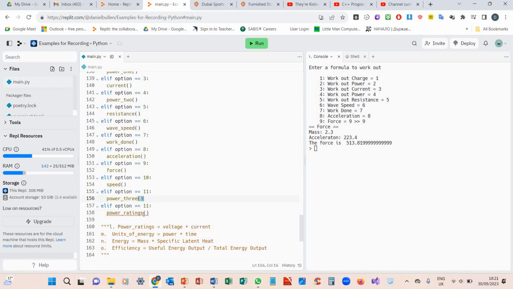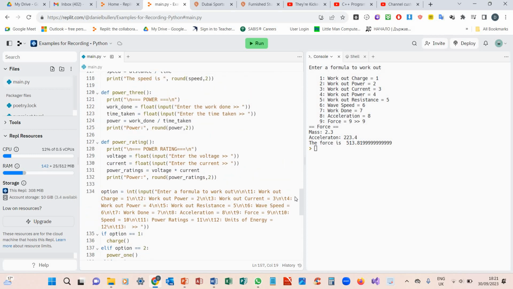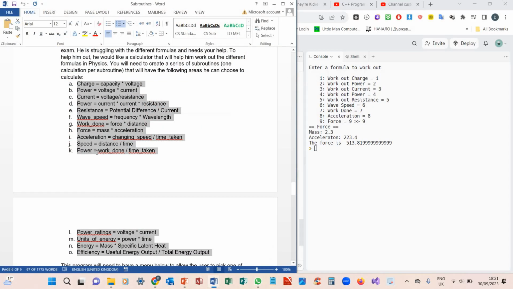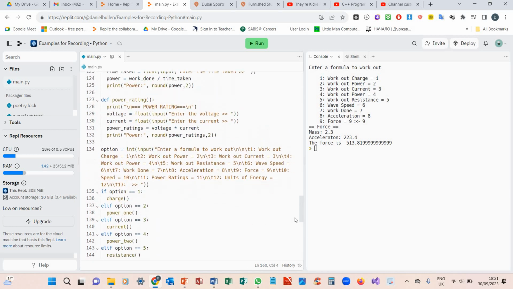So power ratings. Yep, so we got power rating there. So yep, done power rating. I need to have a look back at the formulas. We've done power. So that's the next power. Now we're on power ratings. So that should be, yep, 12 is power rating, so we were right. Voltage times the current. 13 was units of energy.